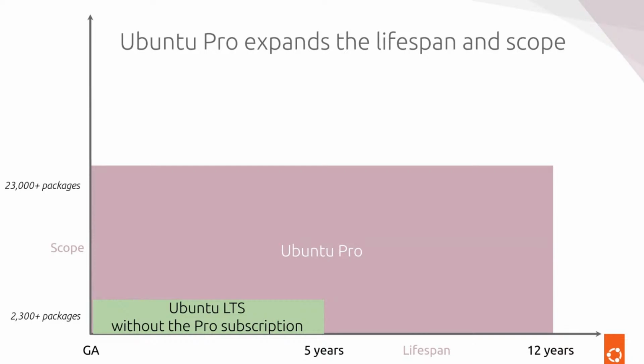And 12 years is a sweet spot that we see for a lot of the people who use Ubuntu at an enterprise level. But you also expand the value vertically because we do not only support the 2,300 main packages, but we also support the universe repository, and that's more than 20,000 packages and growing.